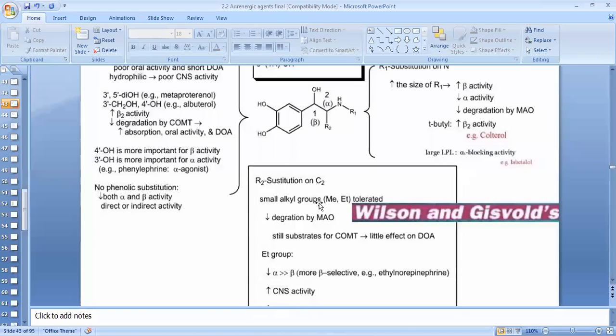Now, if here we substitute small alkyl groups, small alkyl groups meaning methyl, ethyl, then it is tolerated and decreases the degradation by this enzyme. Which enzyme? Monoamino oxidase enzyme.